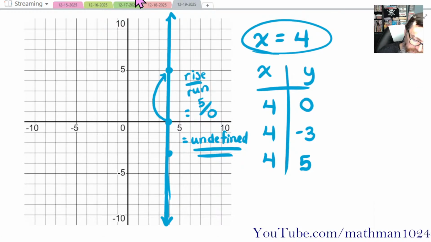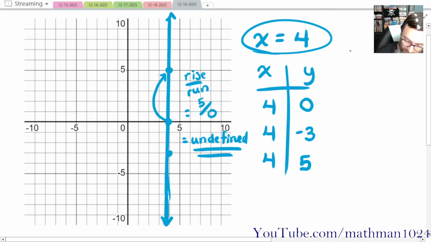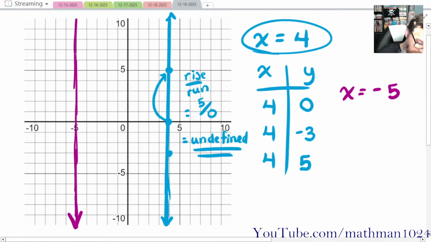So that means that anytime you're dealing with a vertical line, the slope is undefined. If I had done x equals negative 5, that means you'd come over here to negative 5, and you would draw a vertical line, arrows on the ends, and this would be the graph for x equals negative 5.